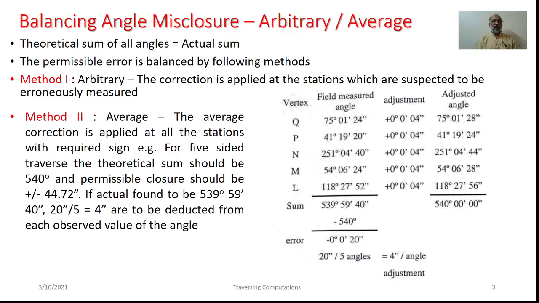The second method is very common, which is termed as applying the average. So here, as given in this particular example, the actual sum of all included angles as measured on the field works out to be 539 degrees 59 minutes 40 seconds.